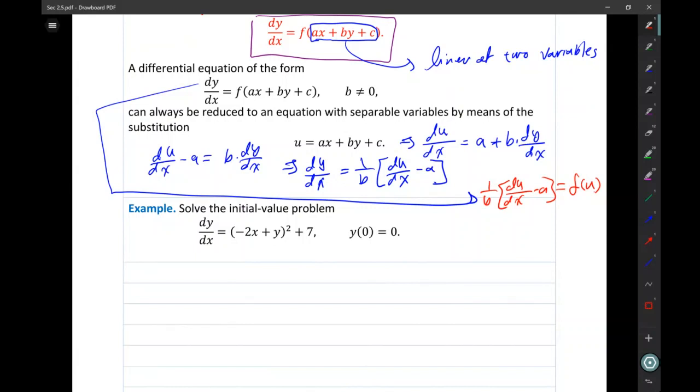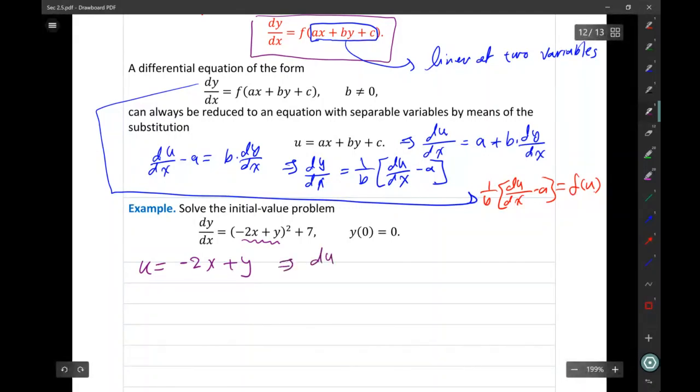Let's see the example. The example says solve the following initial value problem. You have dy by dx is equal minus 2x plus y, to the power 2, plus 7. So what you will take as u here is this linear part, it is minus 2x plus y.